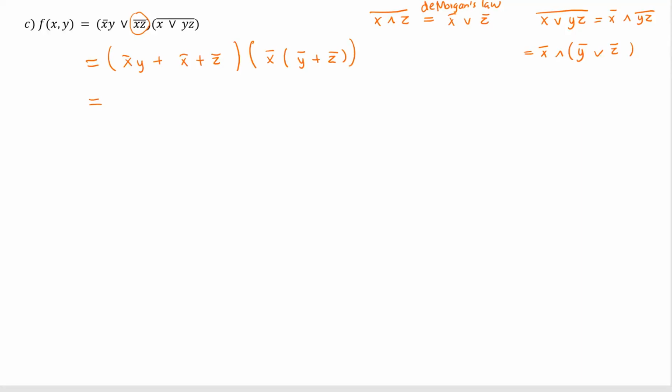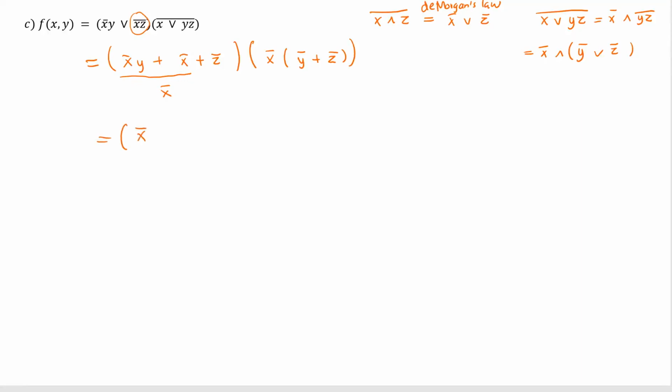Furthermore, what is this guy? So x bar y is x bar intersect y, and when you union with x bar, because this guy is a subset of x bar, this guy is bigger, so when you take OR between them, this is just x bar. Okay, so it can help us to simplify.